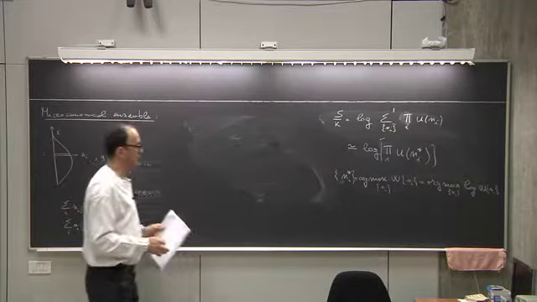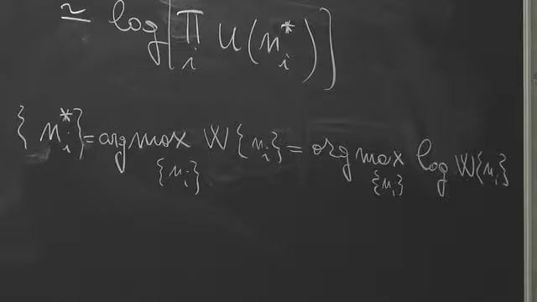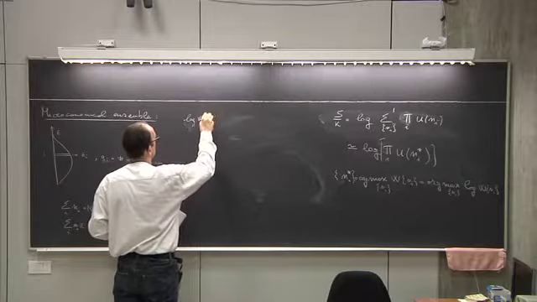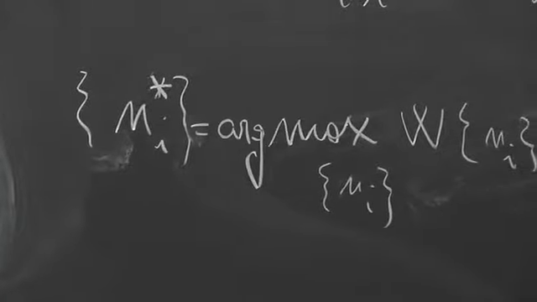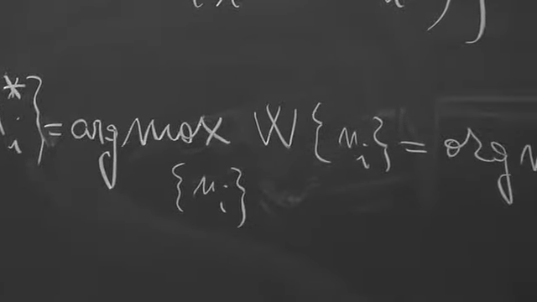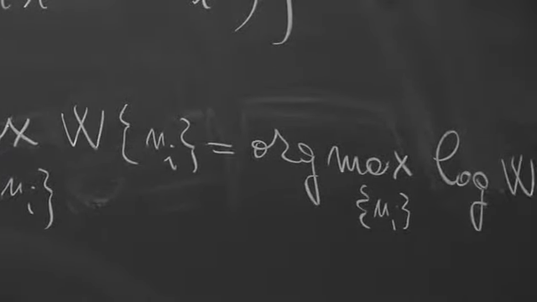And in order to deal with these two constraints, what I have to do is introduce Lagrange multipliers, right? So the Ni star will be a solution of... I have to consider the function which is log of W of Ni minus alpha sum over i of Ni minus beta sum over i of Ni epsilon i.